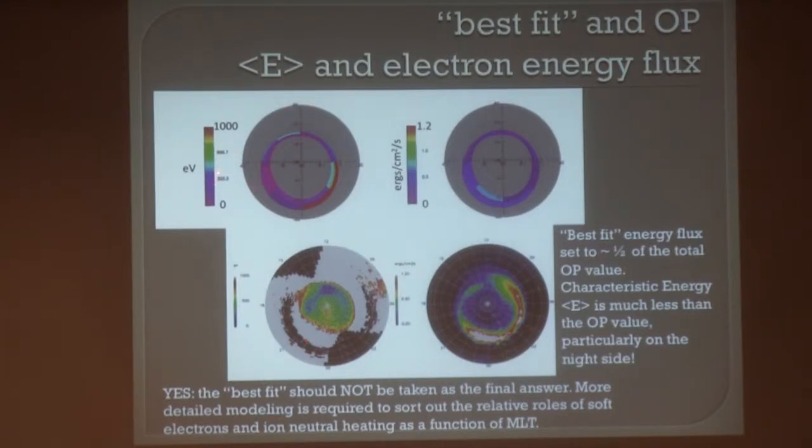You'll notice that this is 300 volts, on the order of a couple hundred volts, characteristic Maxwellian, where in Ovation Prime it's calling it a kilovolt. And we kept the fluxes within a factor of 2. I have linear color bars here, so they lie a little bit, but we did that.